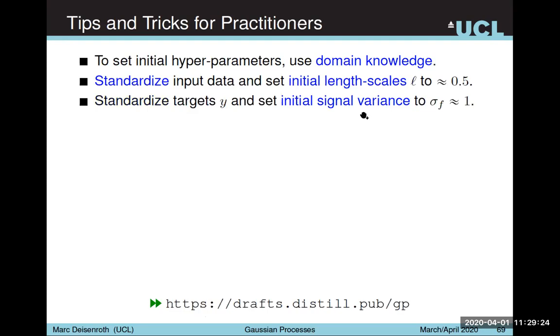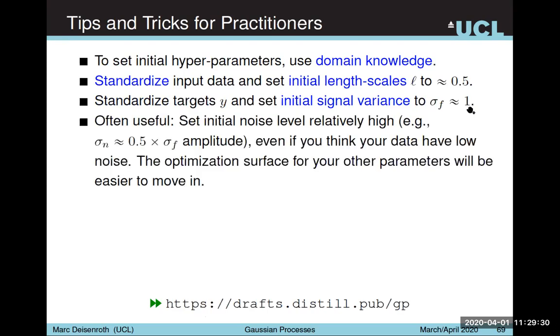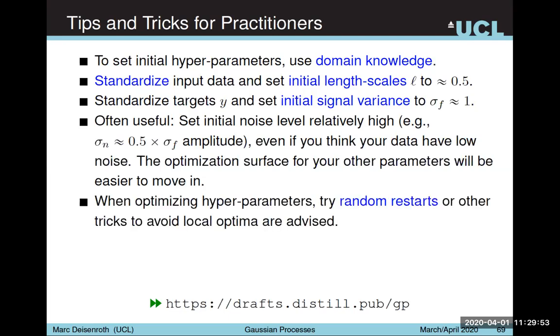You could standardize the targets and then set the initial signal variance to about 1. It is often useful in practice to set the initial noise level to relatively high values because the optimization surface becomes much smoother. That allows you to simplify the optimization problem of the marginal likelihood to some degree.